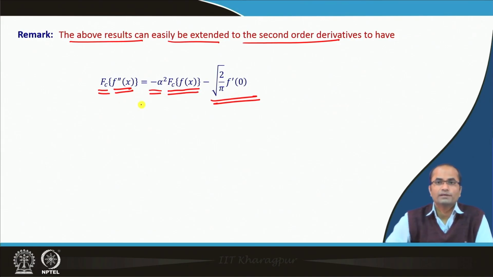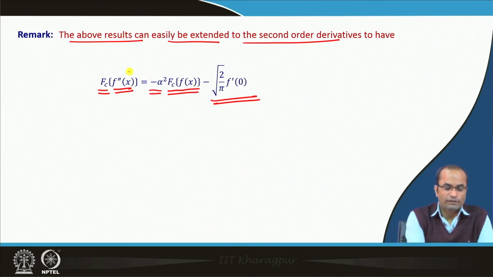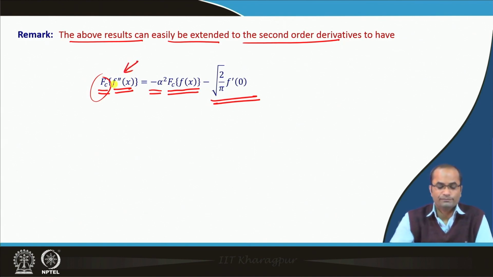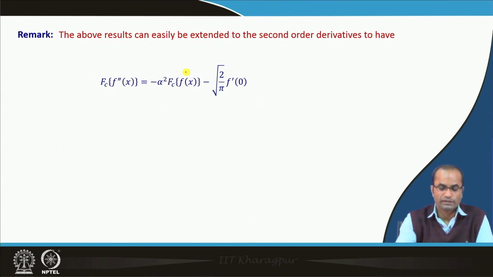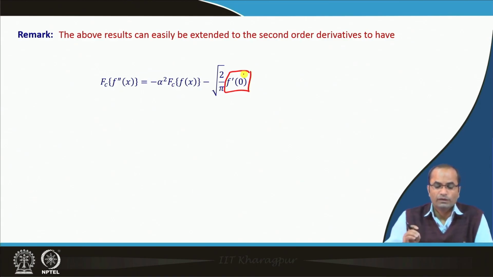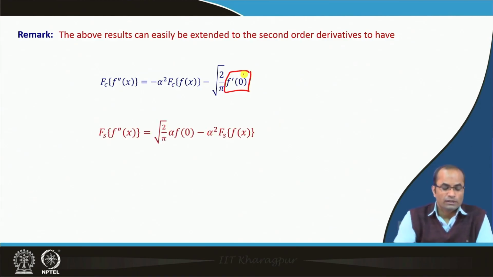So, again this enjoys the same property, that when we apply the Fourier cosine transform on f double prime, we get a right hand side which is free from the derivative. So, we have only the Fourier cosine transform here, and the derivative appears only at one point, x equal to 0.